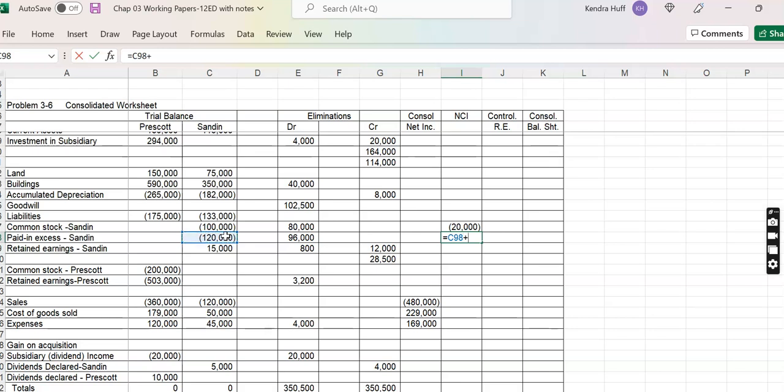Gosh, this is going to be so confusing because retained earnings is not normal. So 15,000. They got 24/7.